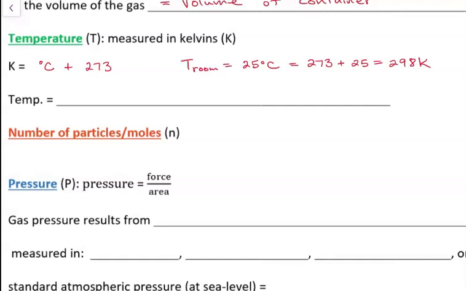So 0 kelvins is unique because 0 Kelvin is the theoretical temperature where all particles would completely stop moving. So at 1 Kelvin, the particles are still moving a little bit, but at 1 degree Celsius, they're moving a lot, right? And at 0 degrees Celsius even, they're moving a lot. So Kelvin is absolute, and so you'll never have a negative Kelvin temperature.